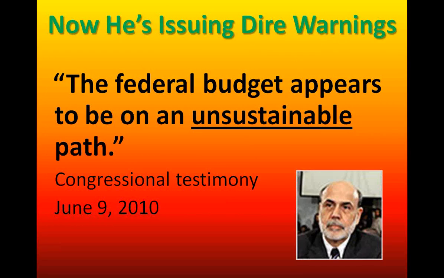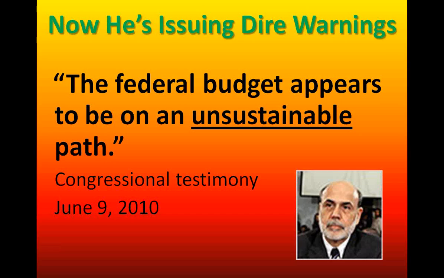Now, he just made this statement a few weeks ago in a speech before Congress: the federal budget appears to be on an unsustainable path. Now, this is the same quote that I just gave you a moment ago from the White House budget director.